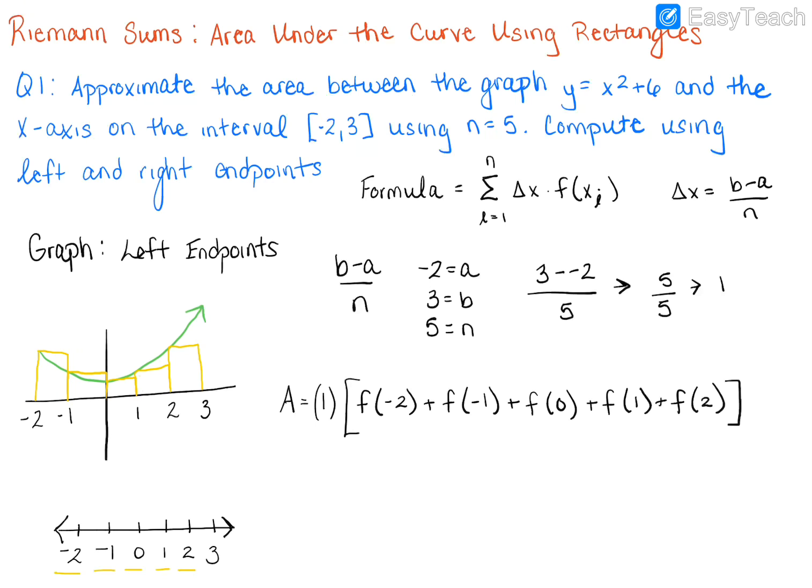Now I'm going to convert the f of the numbers into our y equals. So for example, area would be 1 times -2 squared plus 6, coming from our y equals x squared plus 6. In this case, x is going to be -2.